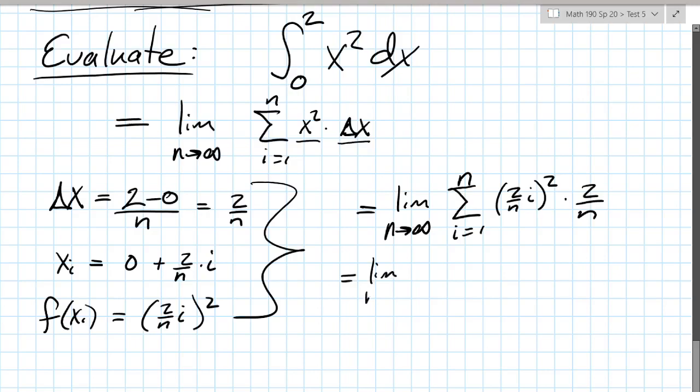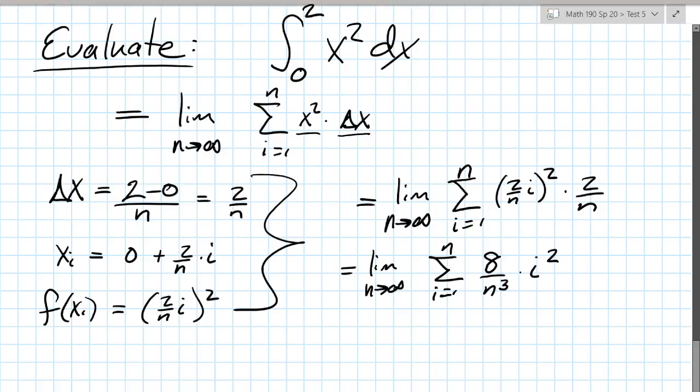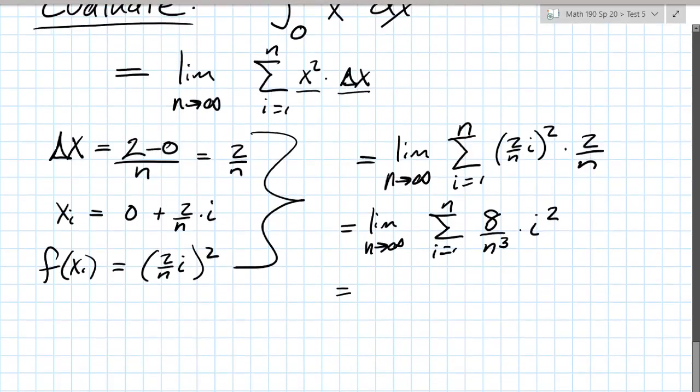This is equal to the limit of the sum from 1 to n of 4 times 2, which is 8, over n cubed, times i squared. And then we can factor out the 8 over n cubed, so that we have the sum of i squared.